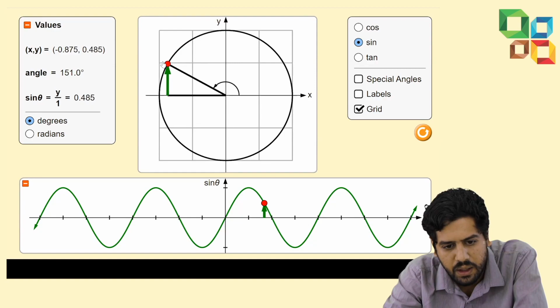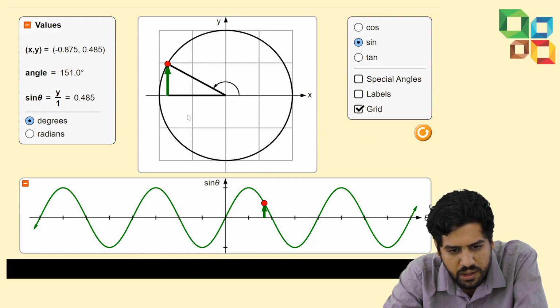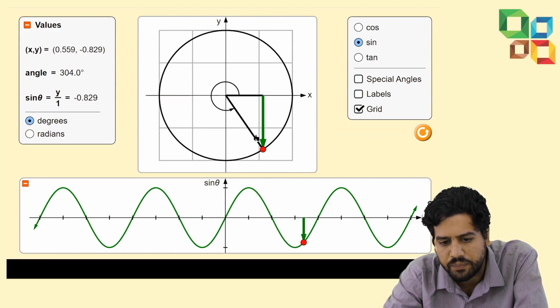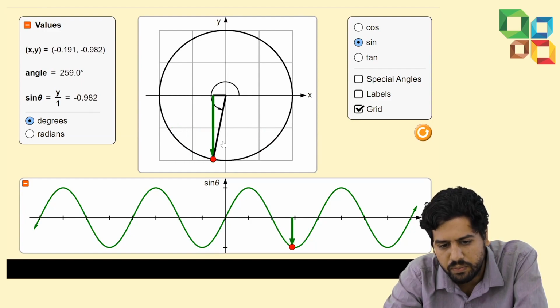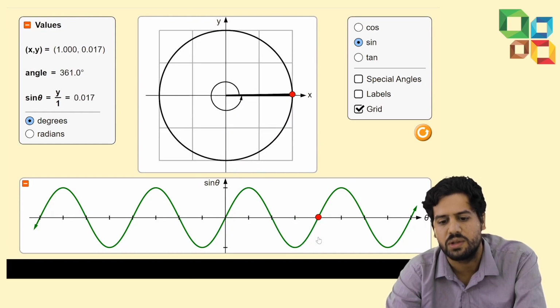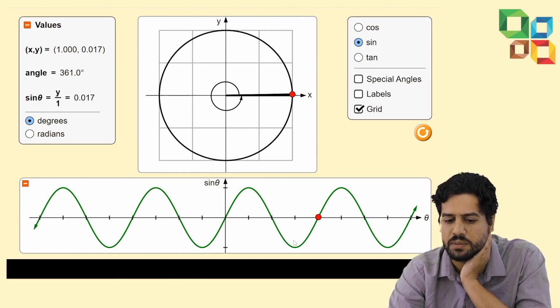Then 150 degrees, which is 5 pi by 6, again you extend this, you will get here, and then you go down, and then it becomes negative, right? It goes to -1 here, and then at 2 pi it will go to 0. So this is the sine graph from 0 to 2 pi.